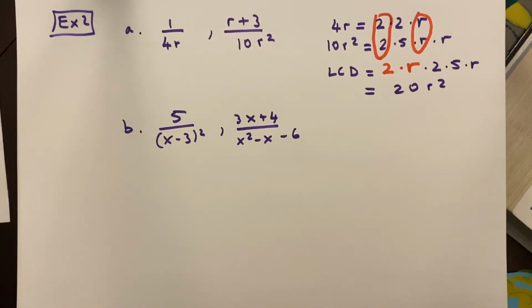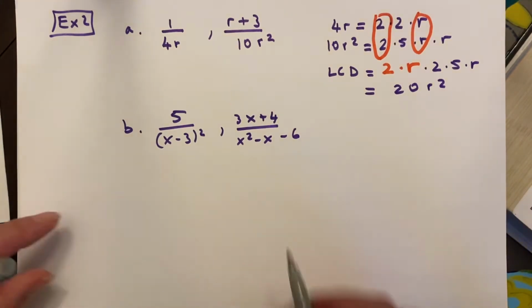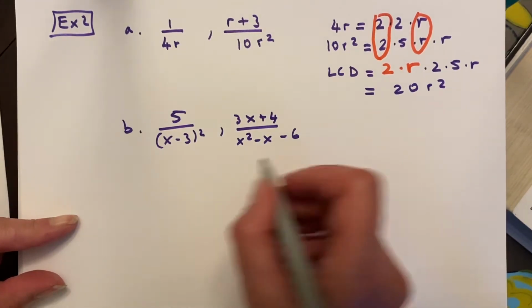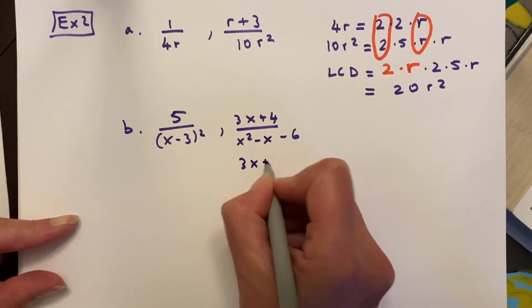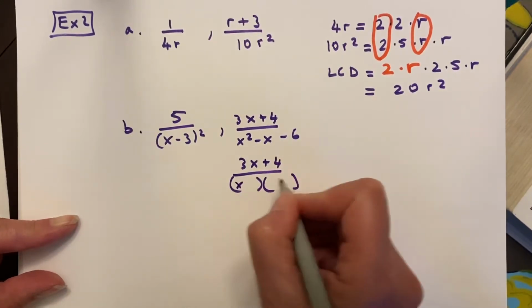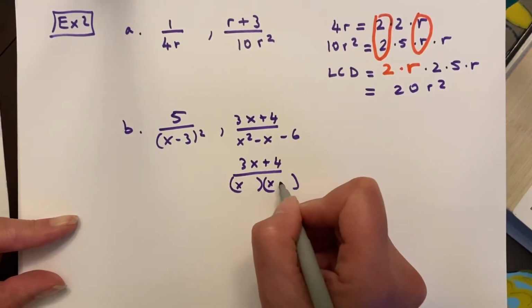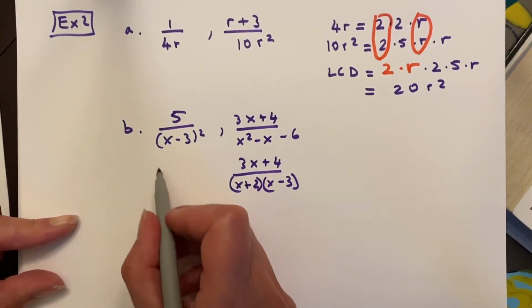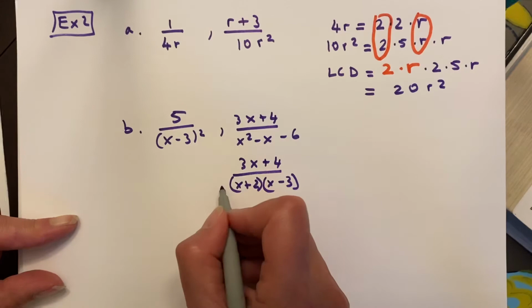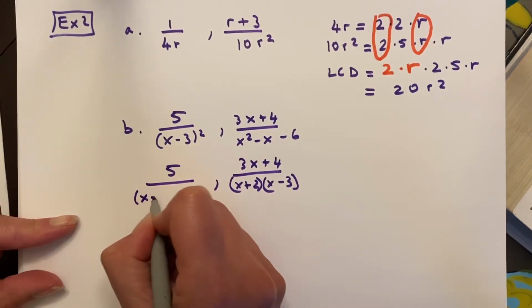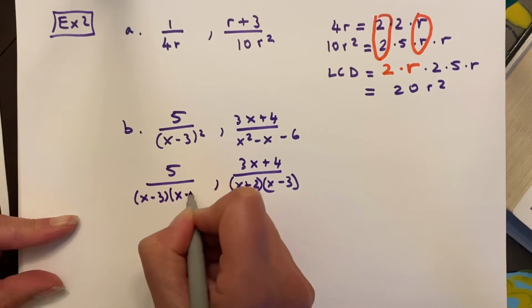Well, we can't really figure that out unless we first factor this. So let's do that. 3x plus 4 over, let's see, minus 3 plus 2, right? And this means this is x minus 3 times x plus 2. I'm going to rewrite the first one as well, just to keep track of the fact that it is x minus 3 and x minus 3.